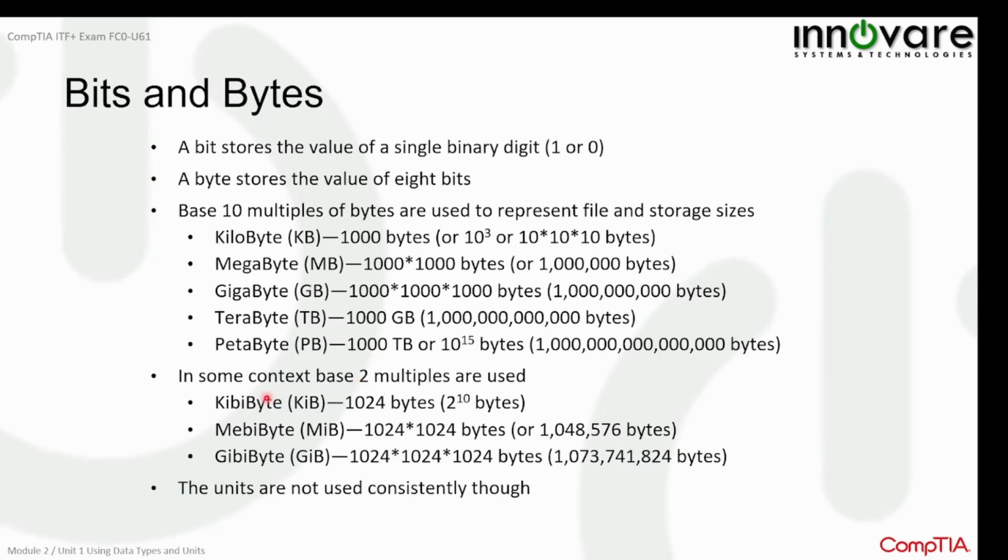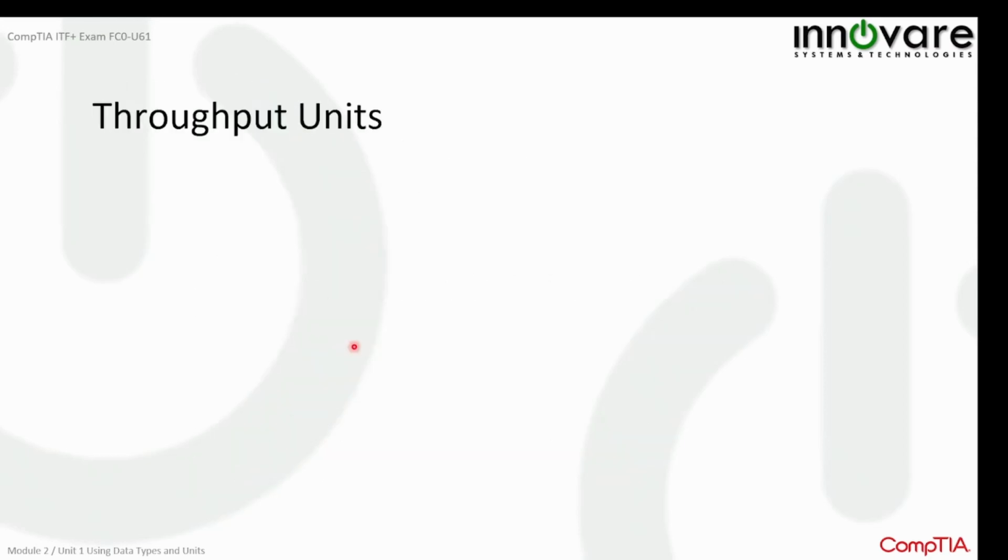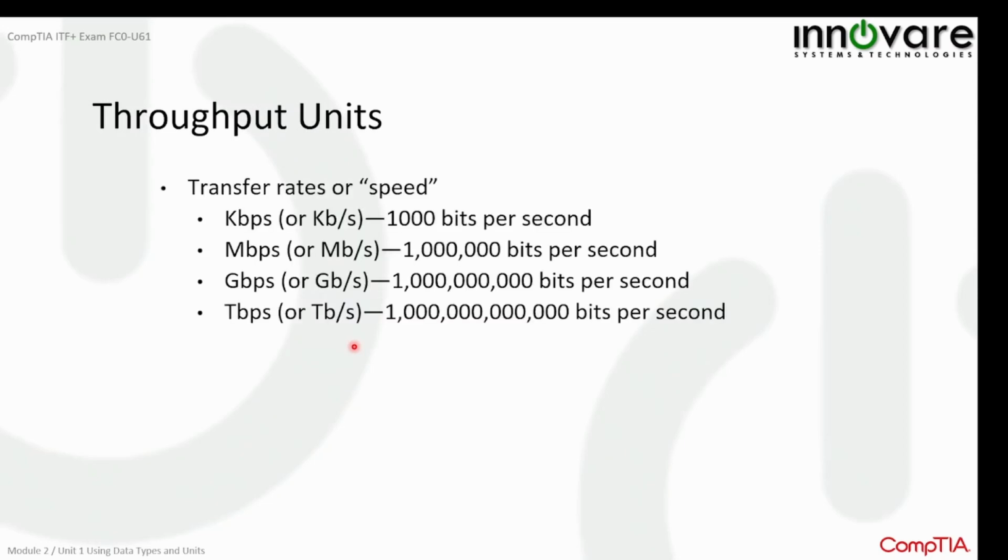And then we also have what we call throughput units. When we say throughput units, guys, this is the amount of data, or the amount of information, in terms of bps, bits per second. Ito mismo yung traffic, the amount of data traffic that is coming through a communication channel.